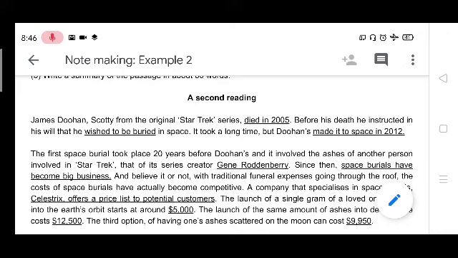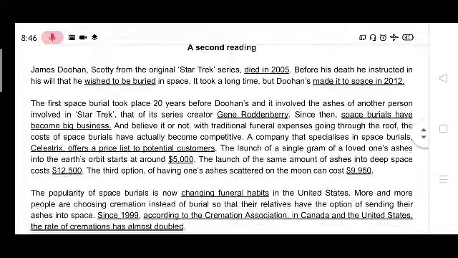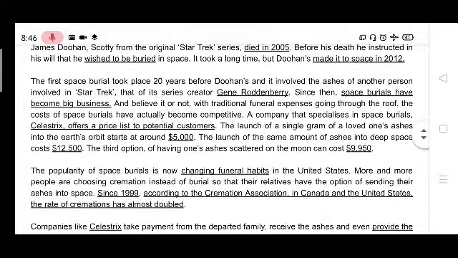Okay, I did not underline the name of this actor. We should have done this. So James Doohan died in 2005, wished to be buried in space, and made it to space in 2012. So everything is underlined here.